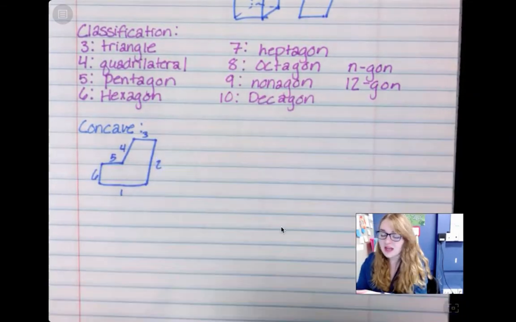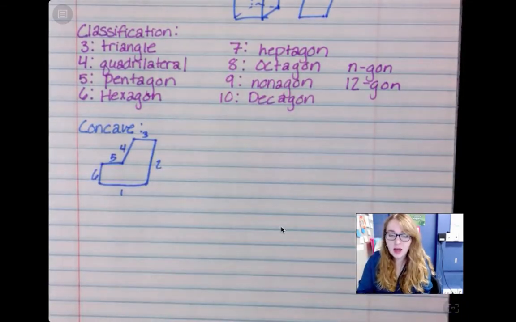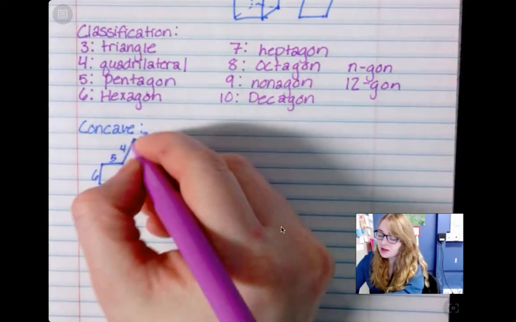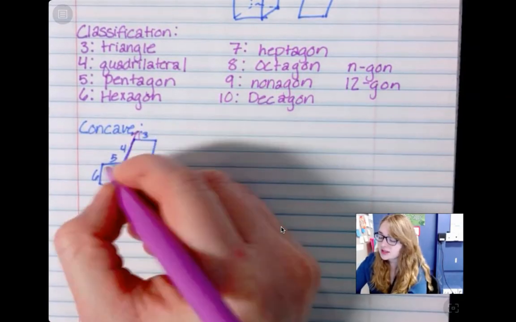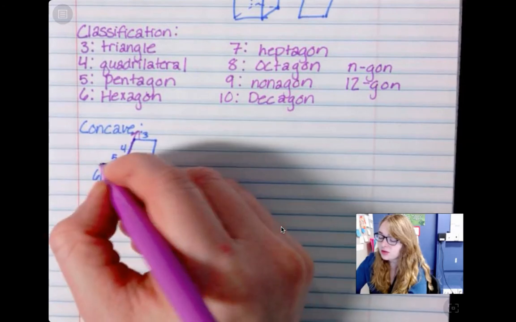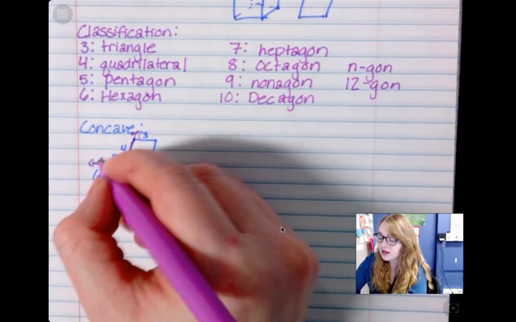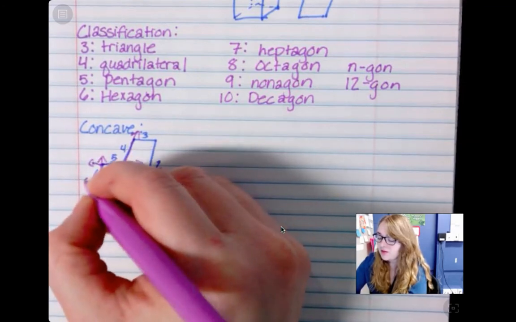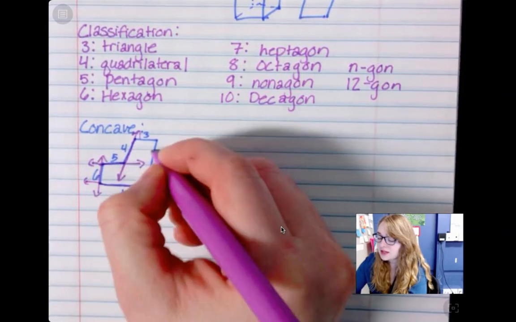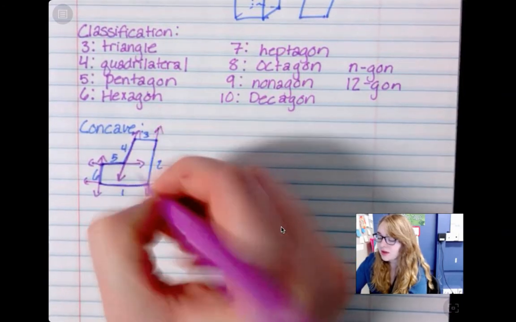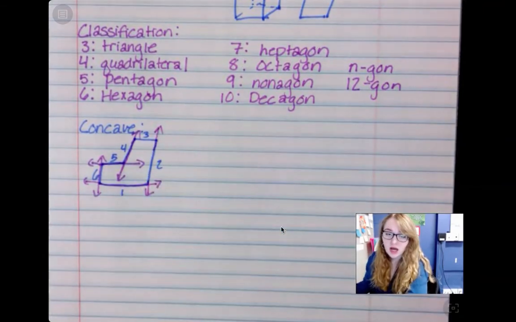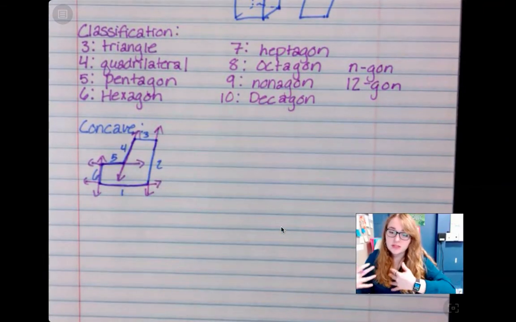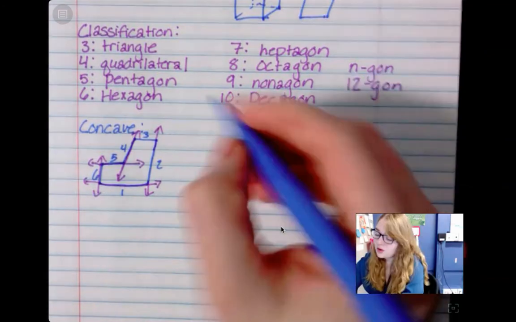And we know that it is a concave hexagon because if we follow all of the lines on our hexagon, we can see that some of them go through the interior of our figure. Whenever we have sides that go through the interior of our figure, like sides 4 and 5 do, we know that shape is caving in on itself. So it is a concave shape.